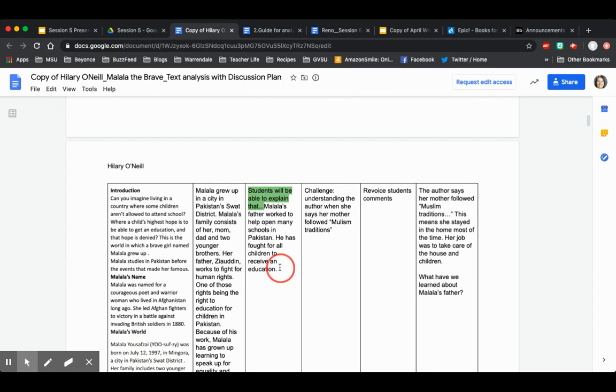This was my learning target, so what I wanted students to take away from this segment. What was the most important part I wanted them to get from it? Here is a possible challenge, them not understanding what it meant by Muslim traditions. The teacher move I planned for was revoicing students' comments. And then here is the prompt. It's my very last thing.